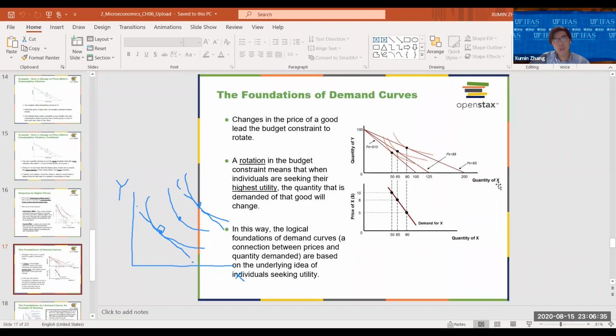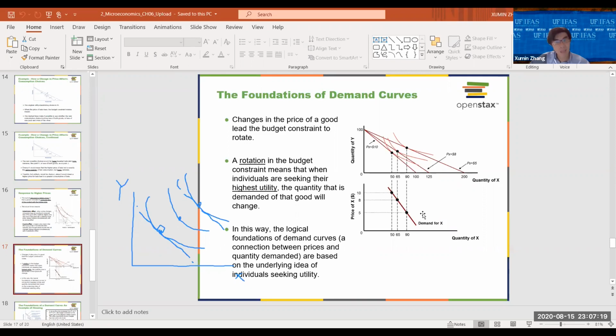If we use good X as an example, when the price increases, the budget constraint line shifts inward, right? And we end up consuming different quantities of good X. Along with the price increase, we consume less, from 90 to 65 to 50. We know the price is increased, and we also know the consumption decision, which is the quantity. And then you see, we can already draw these three points in a different diagram, in an individual demand curve.